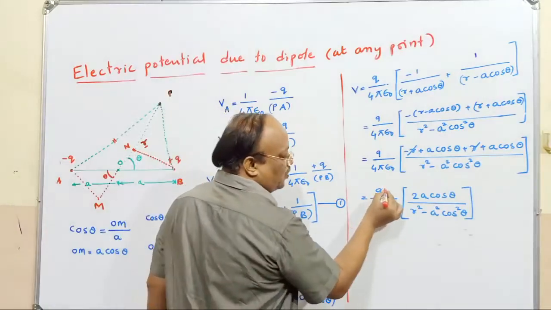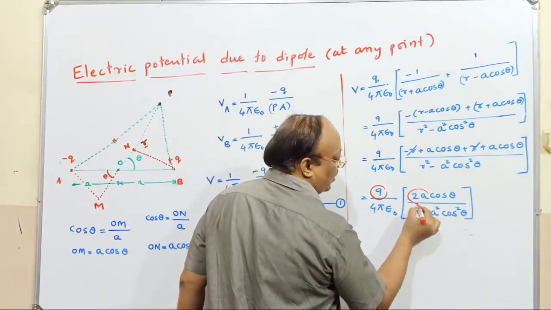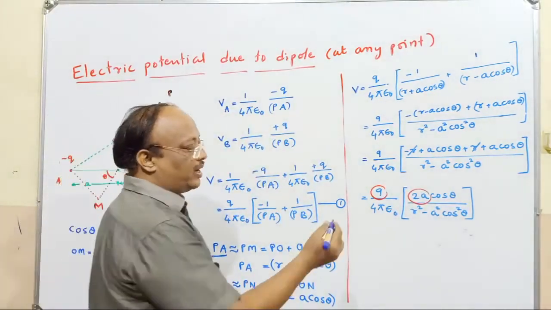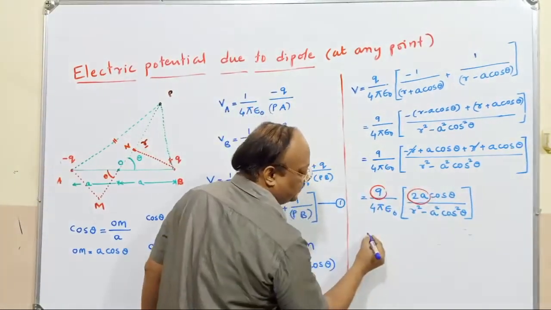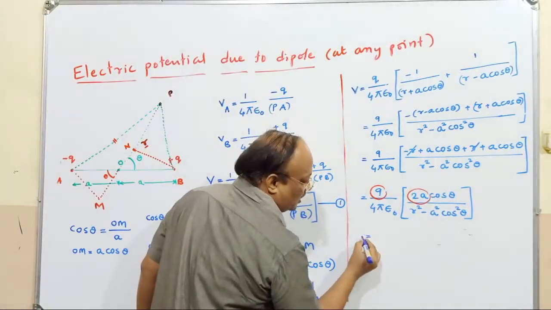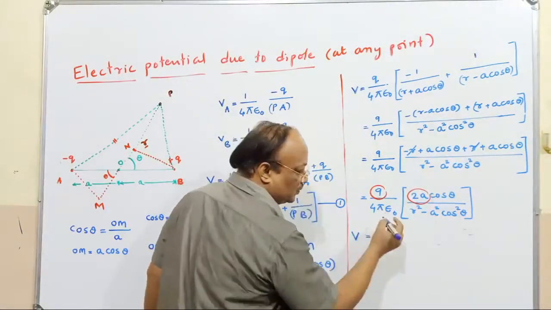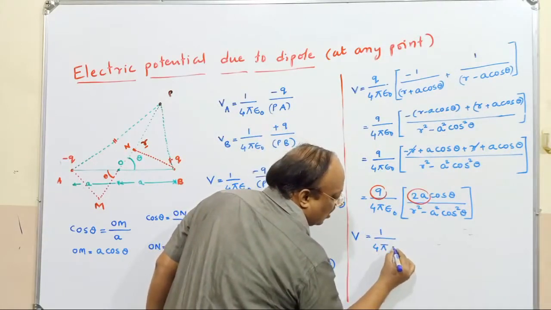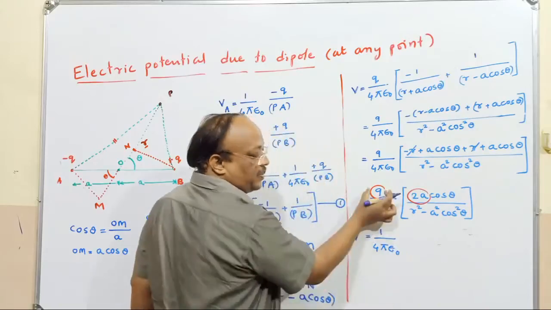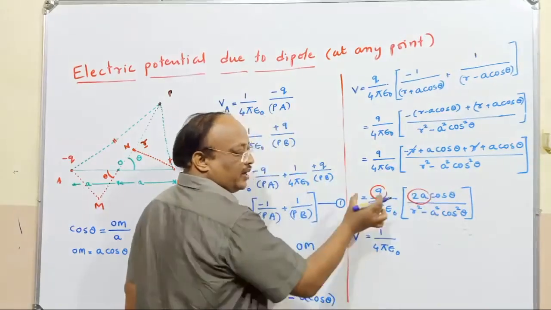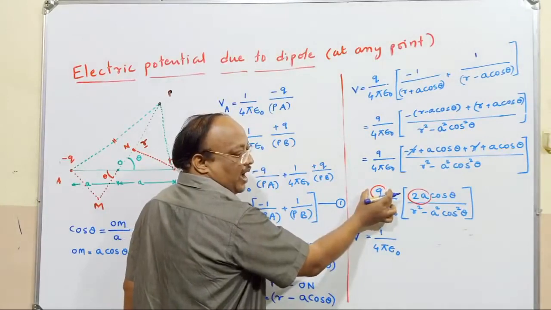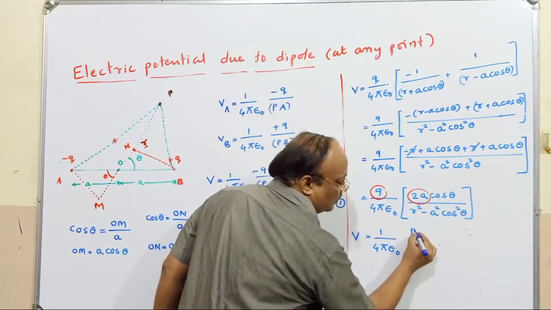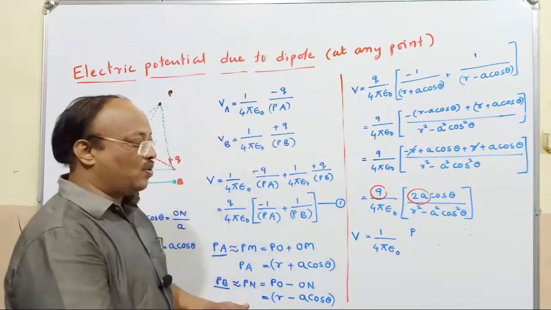So this Q and this 2A, Q into 2A is nothing but our P. So this V is equal to 1 by 4 pi epsilon naught. In place of Q into 2A, magnitude of either of the charge into dipole length is our dipole moment.